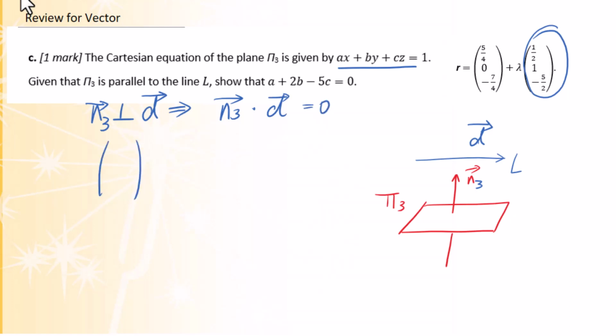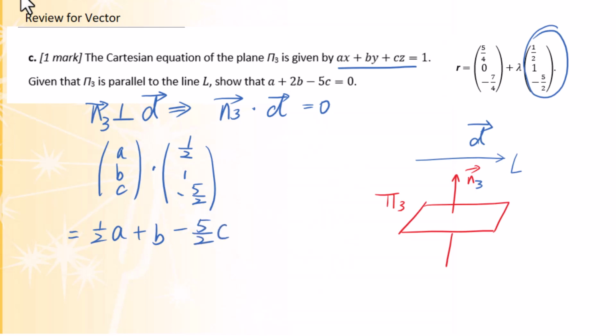The normal vector for π3 is (A, B, C) dot the direction vector of L, (1/2, 1, -5 over 2), equals 1/2 A plus B minus 5 over 2 times C equals 0. Times 2 both sides. A plus 2B minus 5C equals 0.